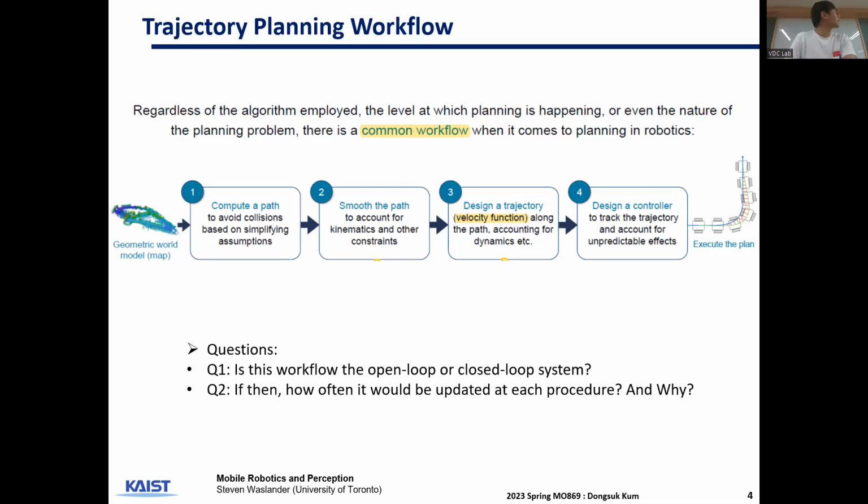You will have a path computation, which is in a higher level planning, and then you smooth the path, and then design a trajectory. In this case, create a velocity using a velocity function to plan the velocity, and then design a controller in order for the robot to track the trajectory that you plan.